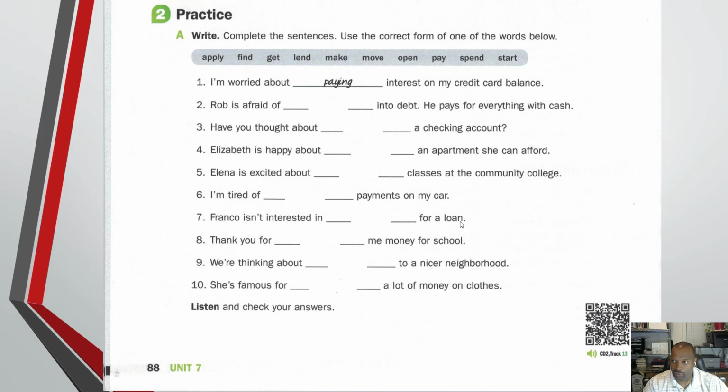Applying for a loan. Apply plus ing. Number 8, thank you for lending me money for school. Lending me money for school. Lend plus ing, lending.